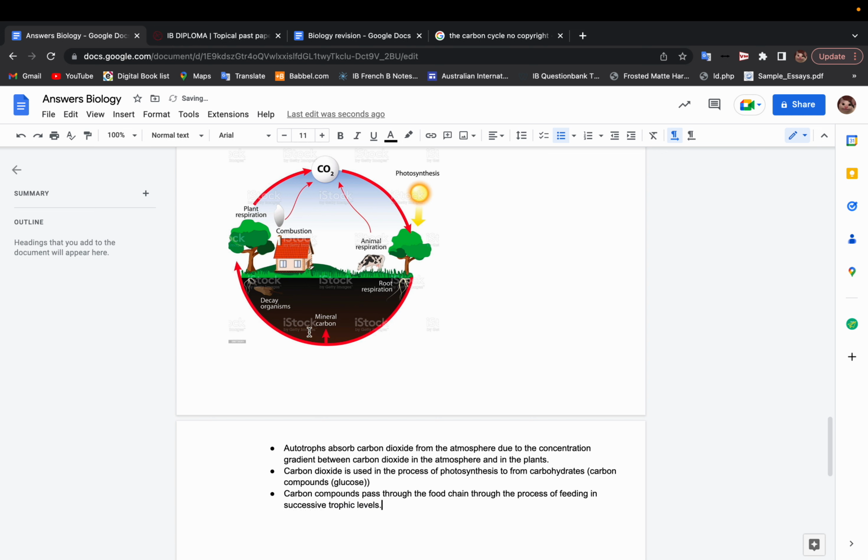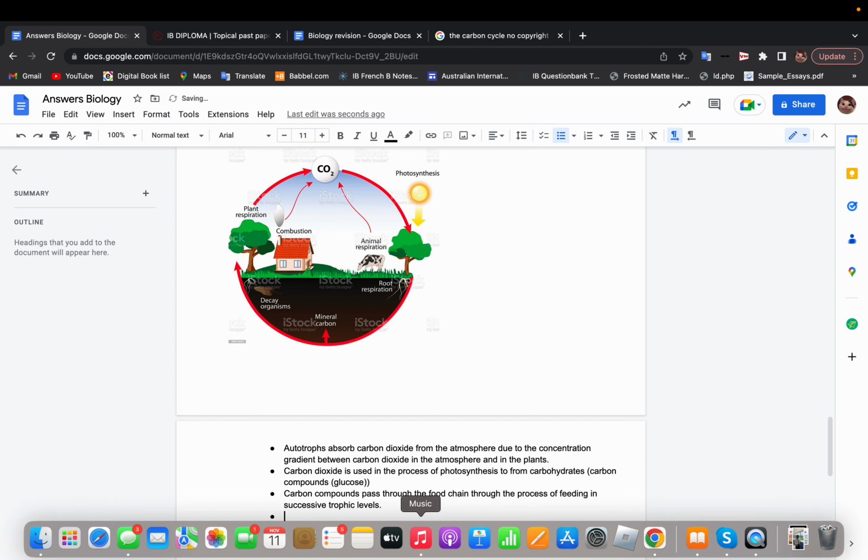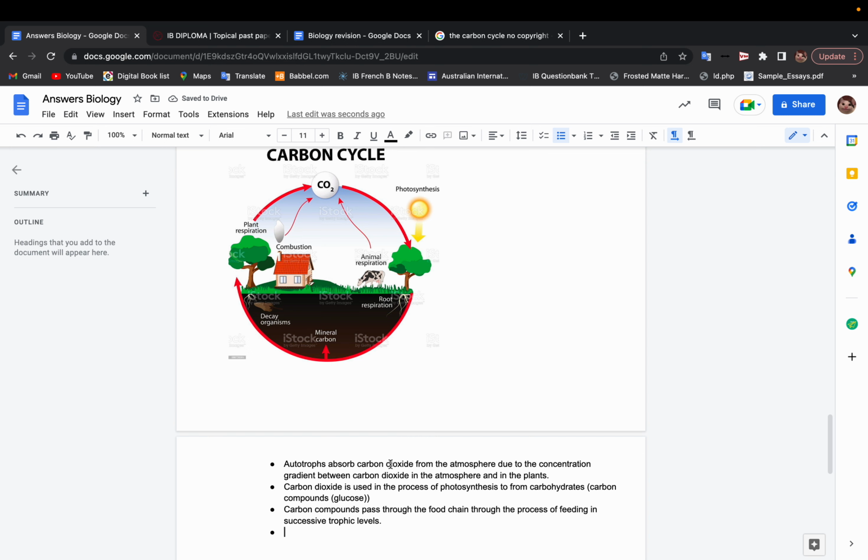That's good, because at each trophic level, the animal eats the previous animals it feeds on.